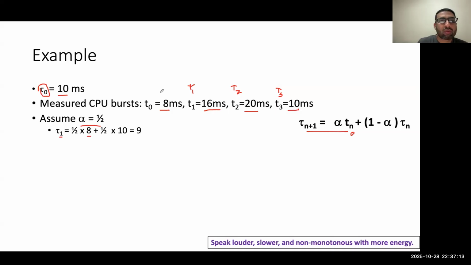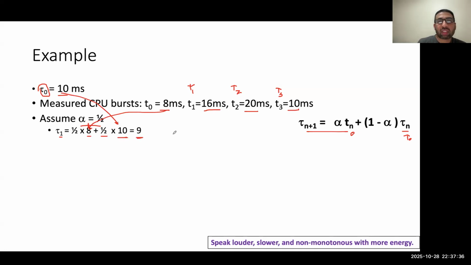So when you plug in t 0, we know it is 8. So we are simply plugging this 8 here, plus 1 by 2 times 10. What is 10? It is tau 0, right? And what is tau 0? We already know it. Tau 0 is 10 milliseconds. So we are just plugging it here, and you will do the math. You will find that tau 1 is equal to 9 milliseconds.